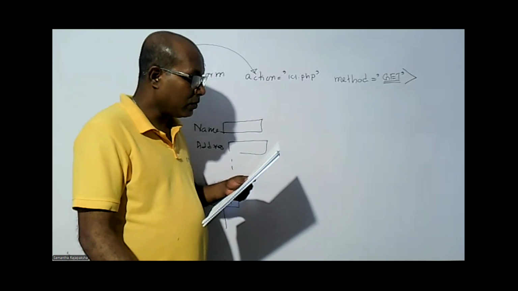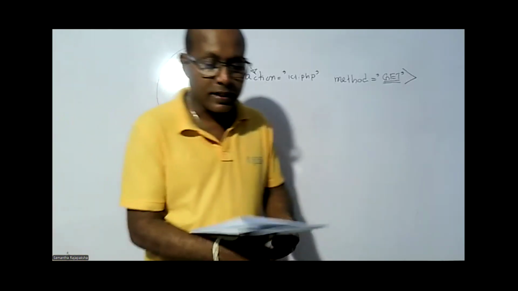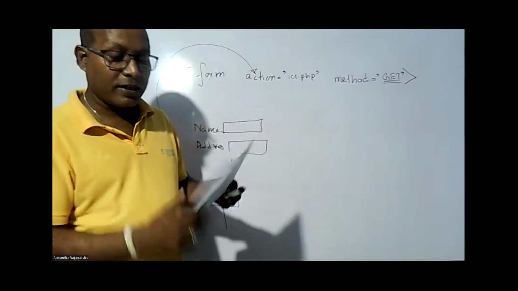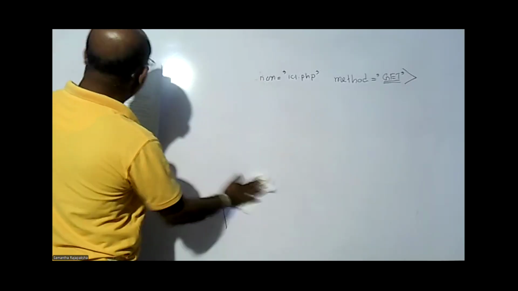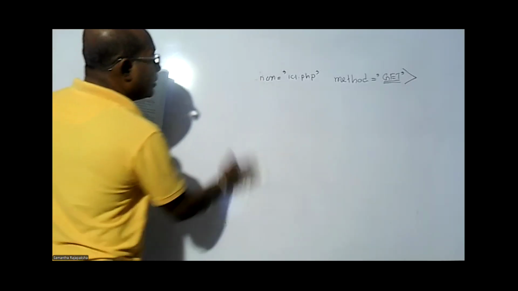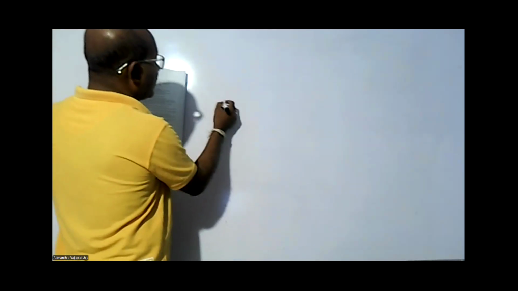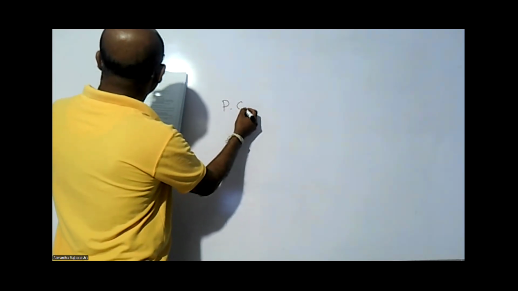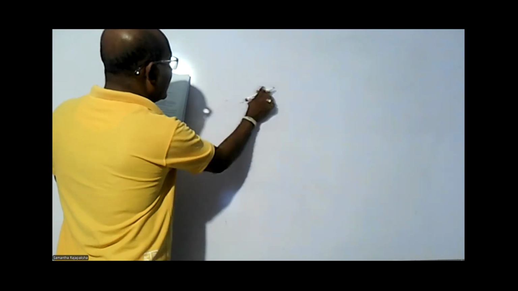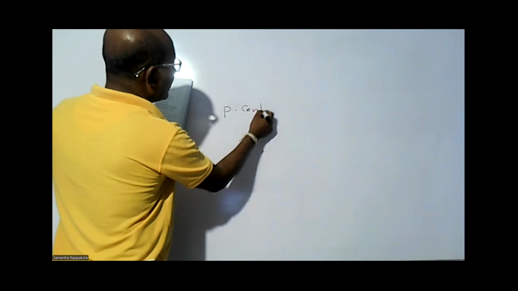So we are calling for the paragraph. This is an internal CSS. It indicates P dot center. You can see clearly, we have P dot center.